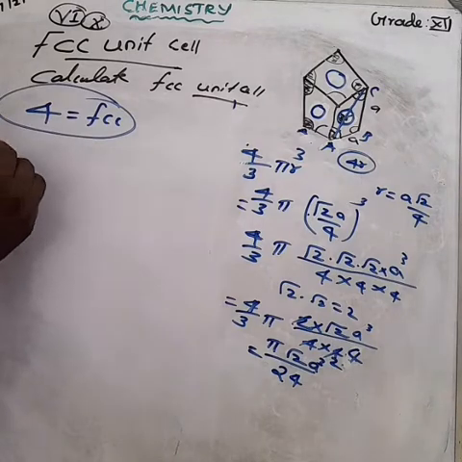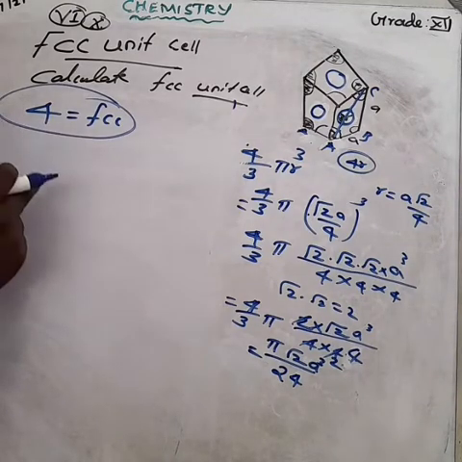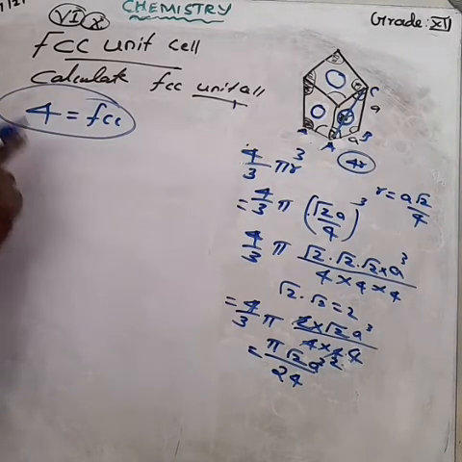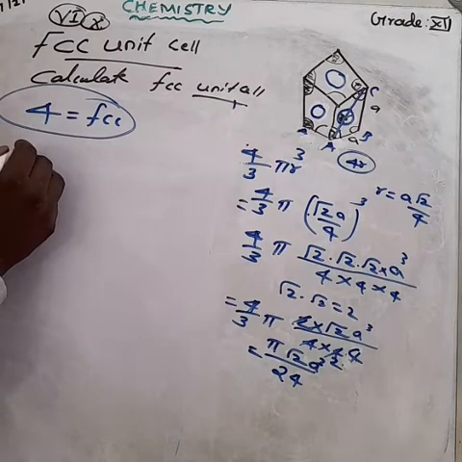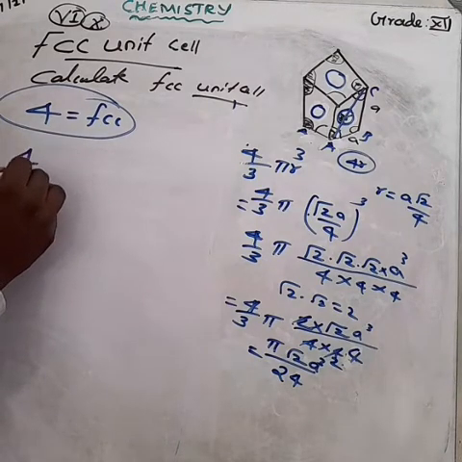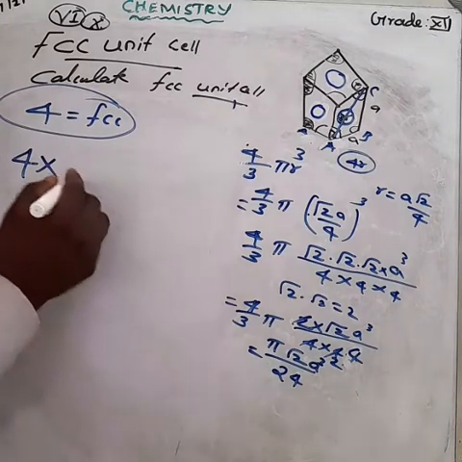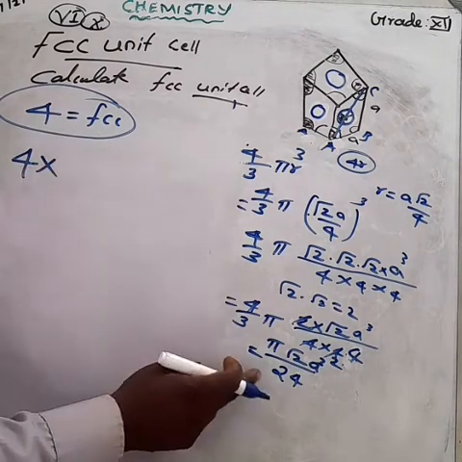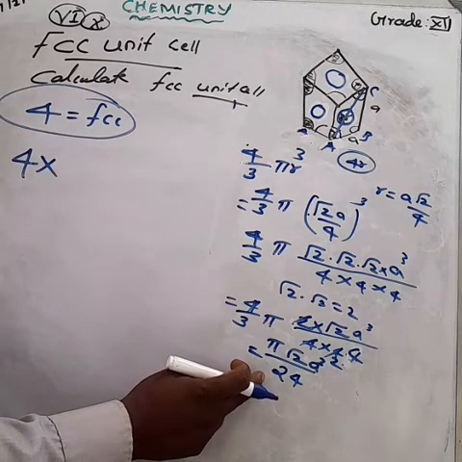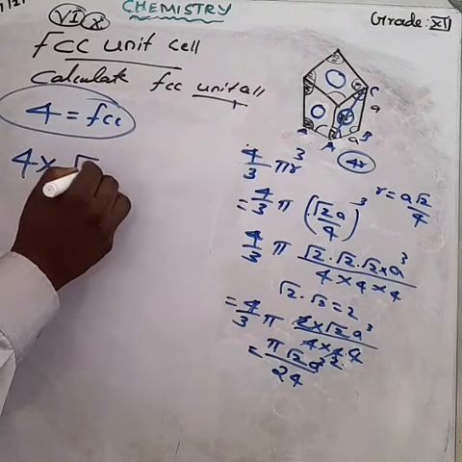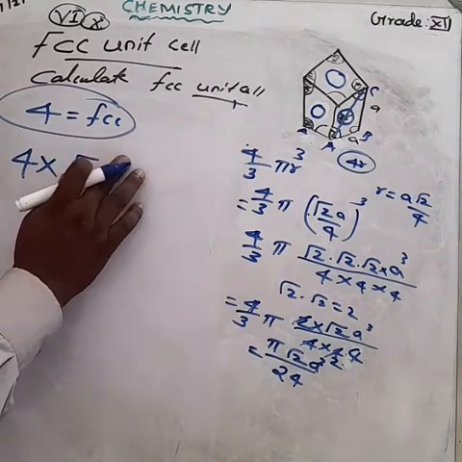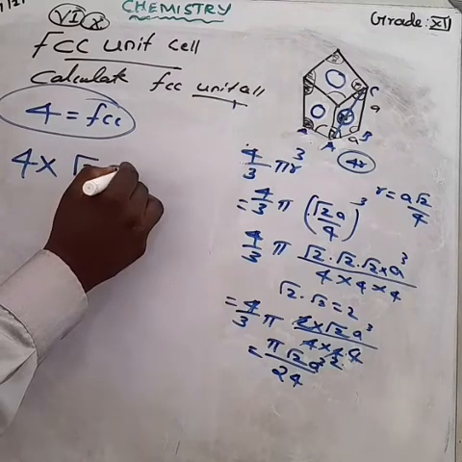Therefore, the volume of all spheres in the FCC unit cell is equal to 4 into the volume of the sphere with radius r, that is root 2 pi a cube divided by 24.